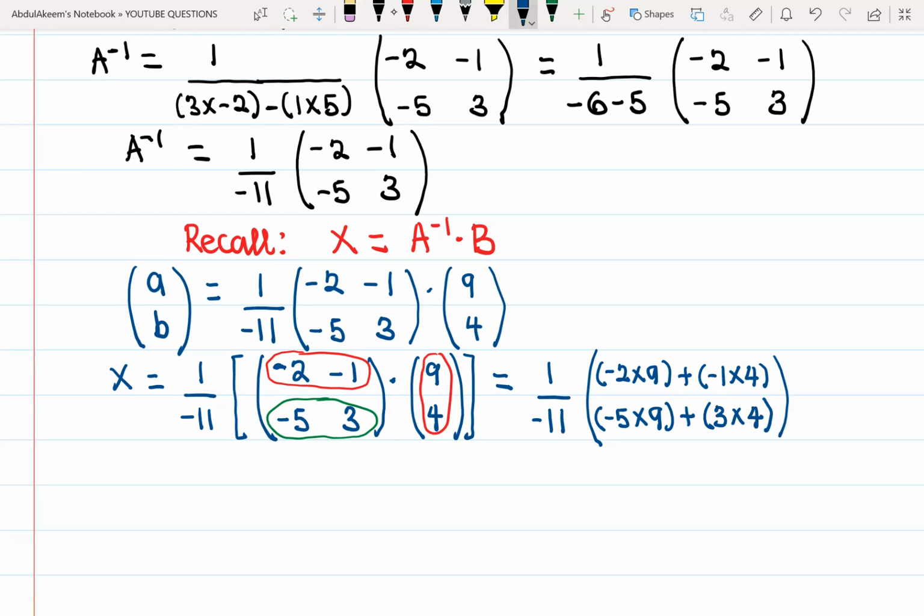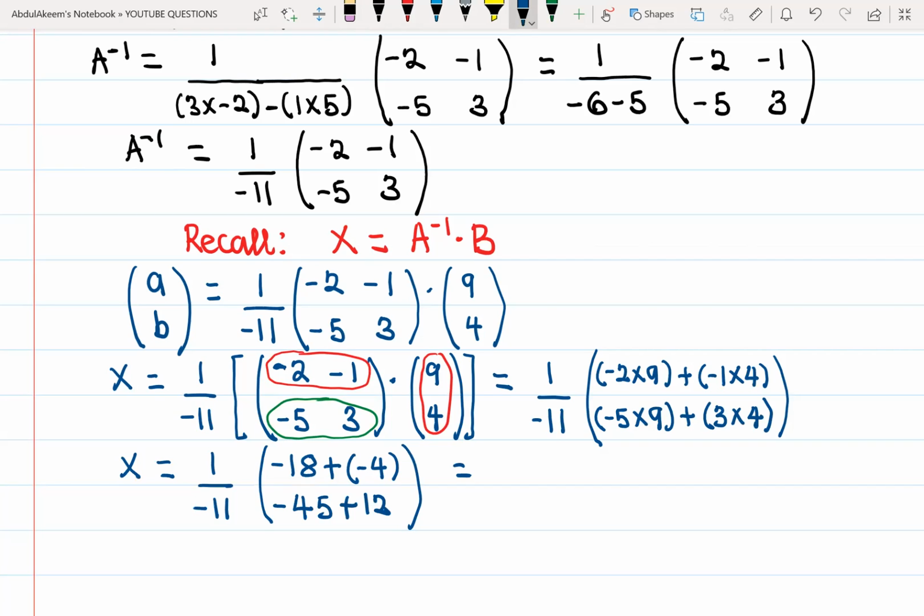When I have that now, I'll proceed. I'll have X equals 1 over minus 11 into this matrix of minus 18 plus minus 4, and the next element will now be minus 45 plus 12.